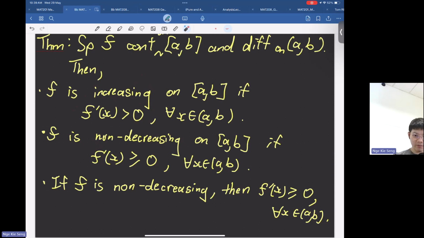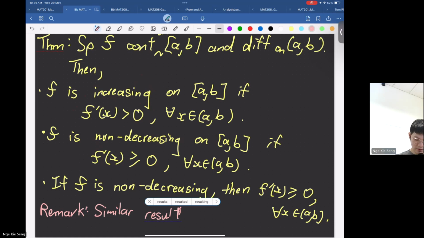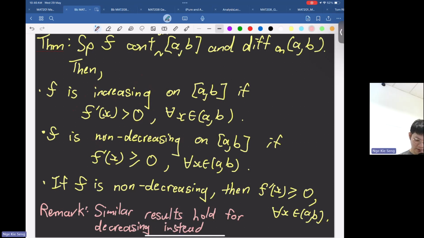Let me remark here that similar results hold for decreasing instead of increasing.